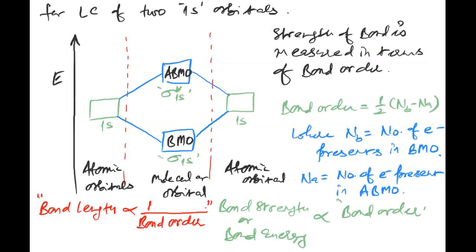For example, in the case of the H2 molecule, H2 will form due to linear combination of atomic orbitals of hydrogen.